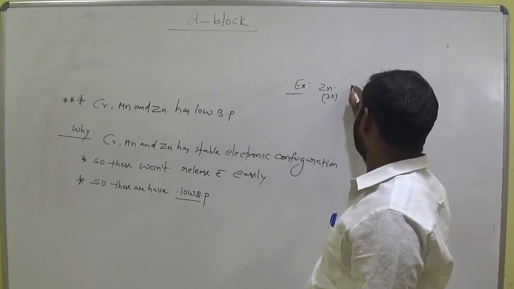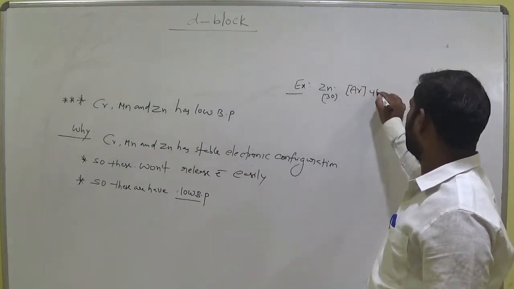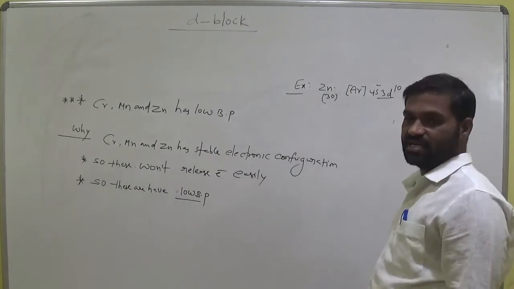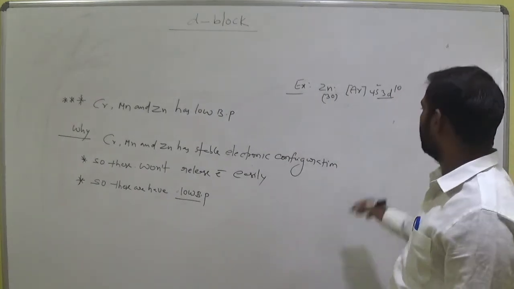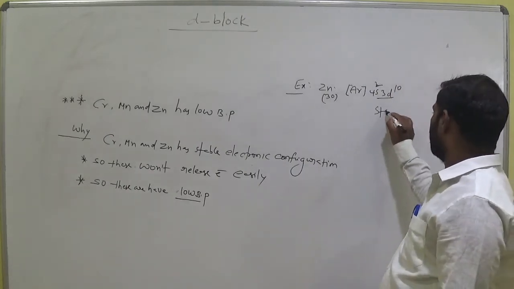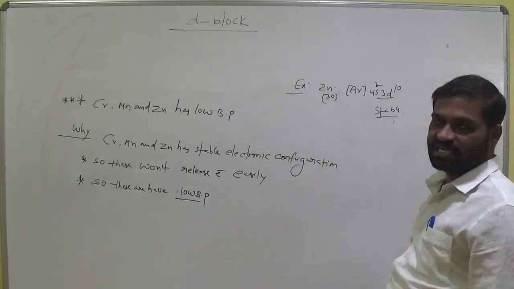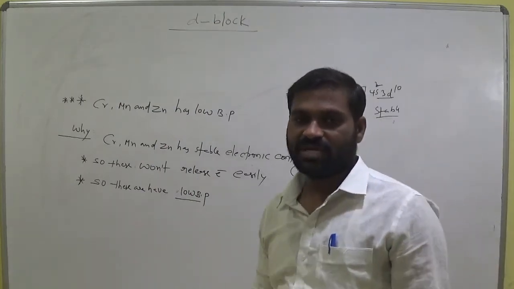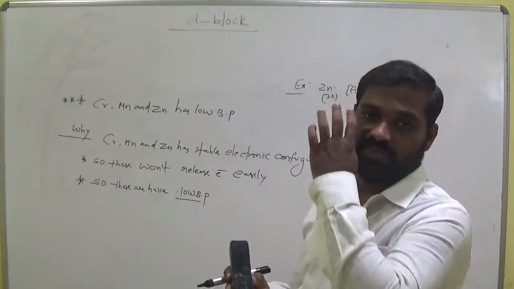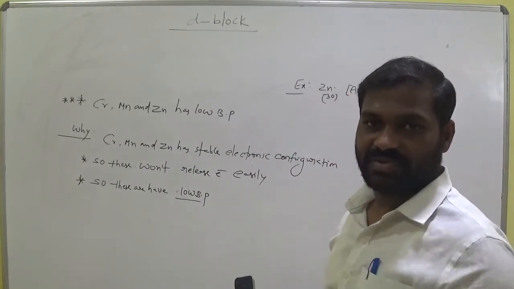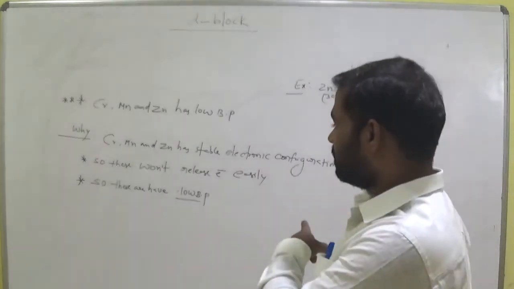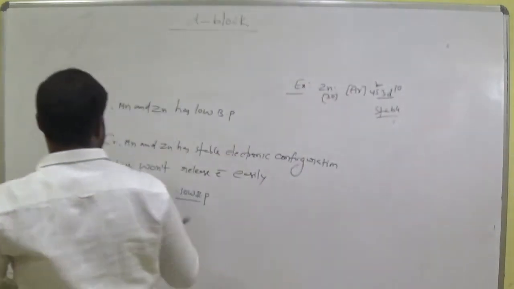Electronic configuration: argon 4s2 3d10. So the d orbital is completely filled and s is also completely filled with electrons. So it is stable. In the stable condition, they won't release electrons easily. So in that condition they have low boiling points. If they release electrons easily, they have high boiling point, but here they have low boiling point. Keep it in our mind.